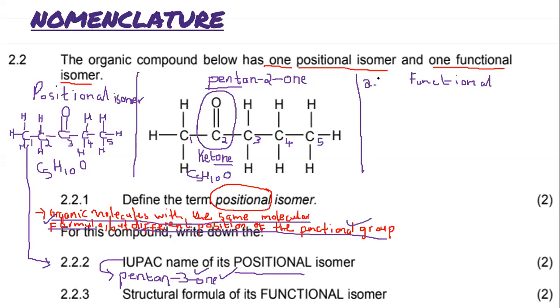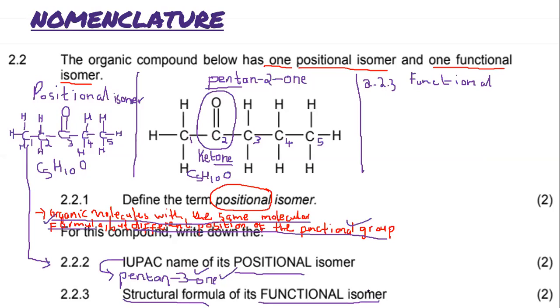That is question 2.2.3. Now, before you can draw the structural formula, remember, these are structural formulas. You must show us the atoms and the bonds. And it must be a functional isomer.